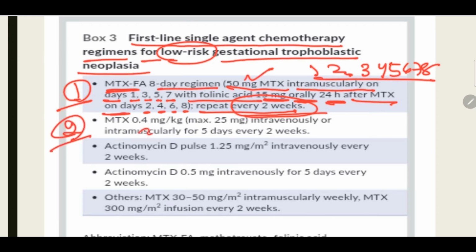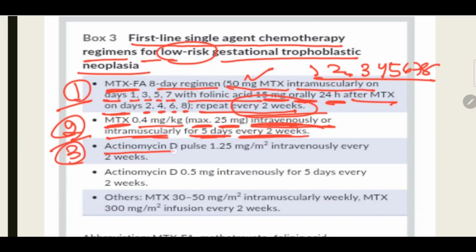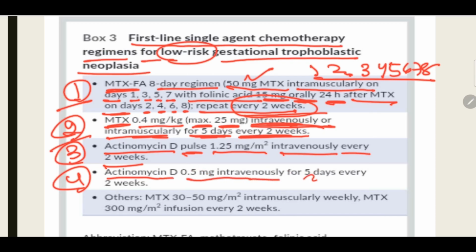Second regimen is methotrexate 0.4 mg per kg, maximum of 25 mg intravenously or intramuscularly for 5 days every 2 weeks. Third one is actinomycin D pulse, that is higher dose 1.25 mg per meter square intravenously every 2 weeks. Fourth option is actinomycin D 0.5 mg intravenously for 5 days every 2 weeks.